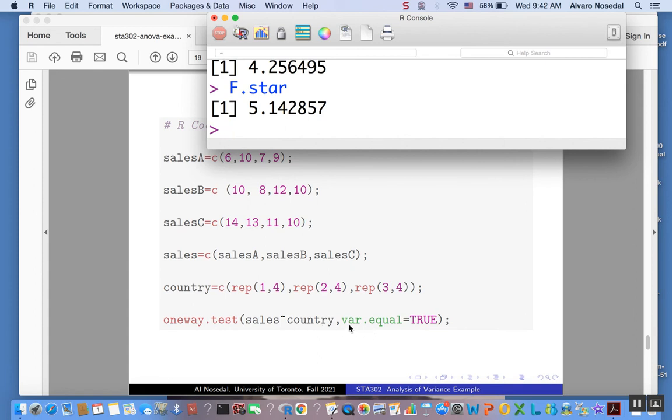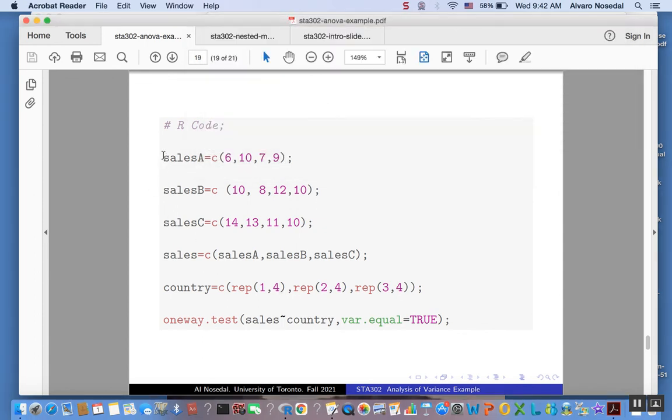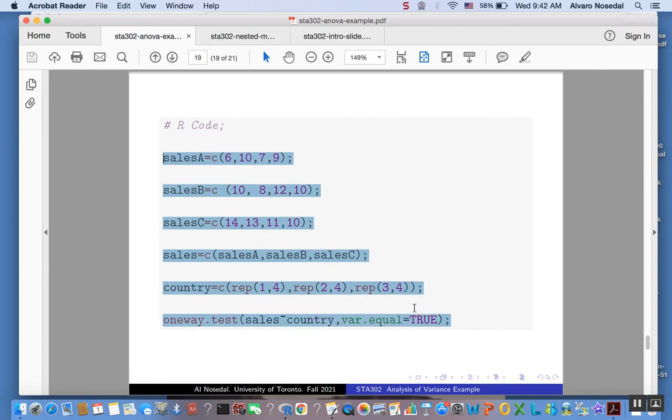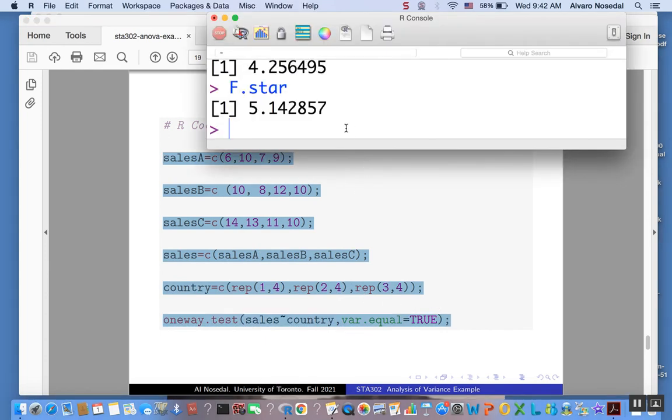And we need this additional parameter. Remember that in a regression model we assume that the variance is the same, so what we're saying here is that the variance is the same for all these groups. So let's copy paste. Hopefully this works well.